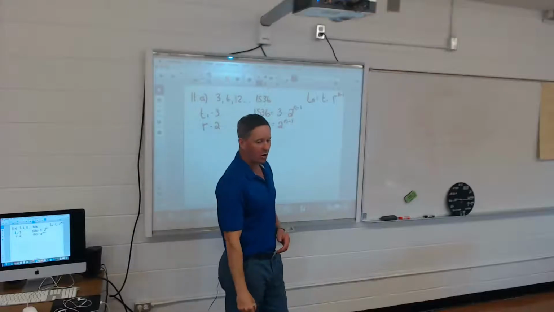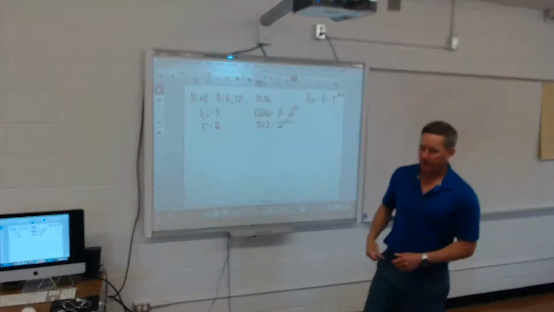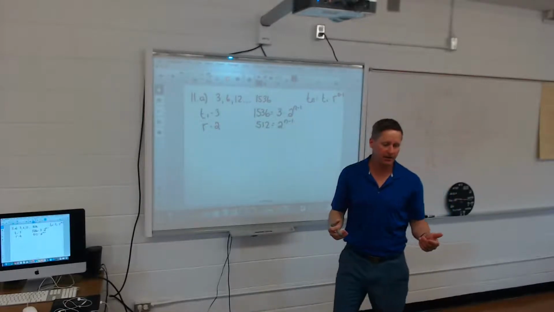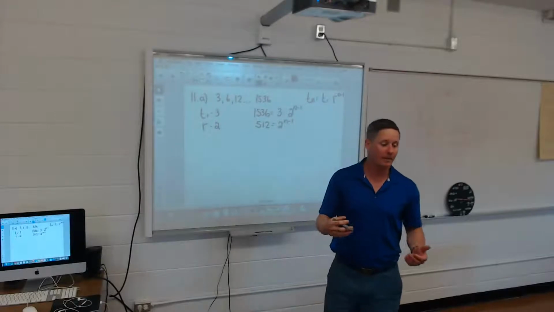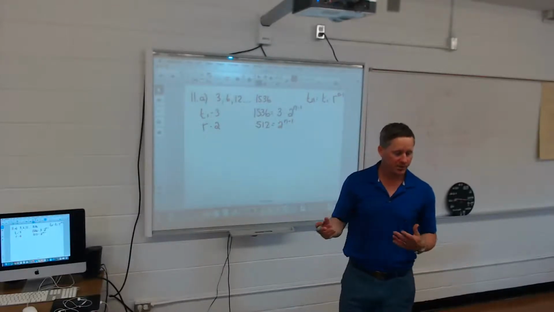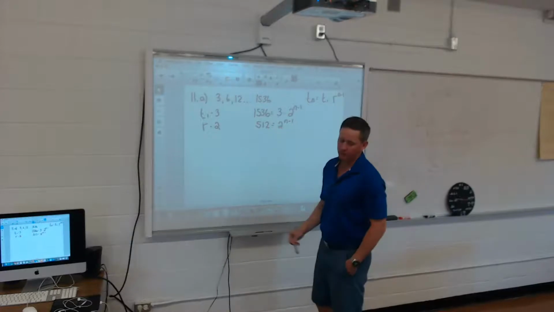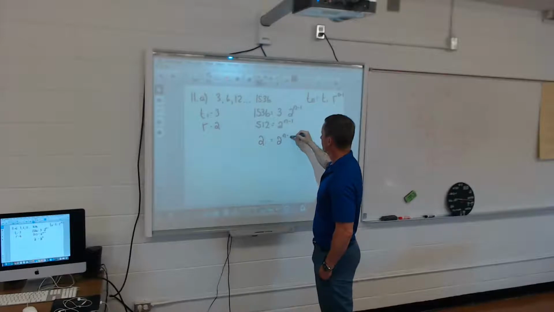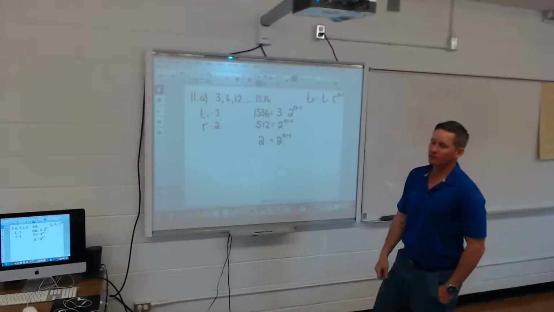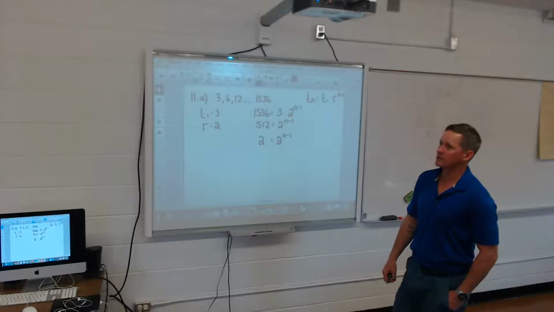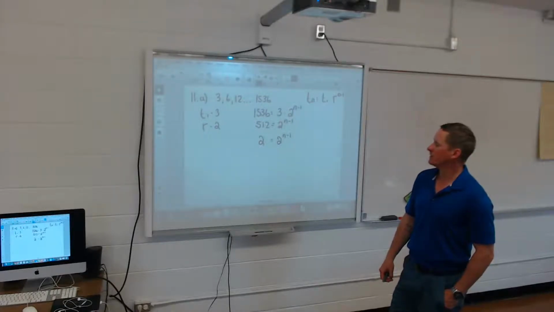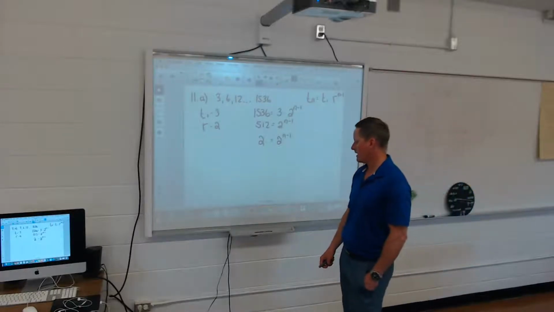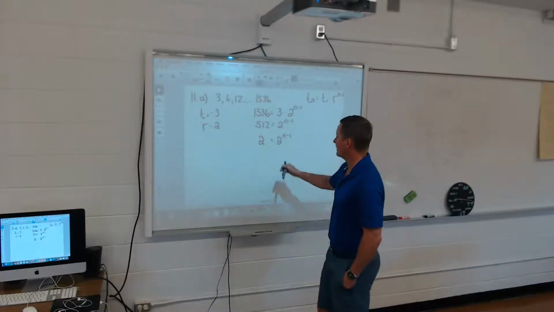Now I hit a bit of a roadblock because the unknown variable is in the exponent. Thankfully, in grade 11, all we have to be able to do is get a common base, and then we solve with the exponents. So 512 must be 2 to the power of something. 2 to the power of 5 is 32, 6 is 64, 7 is 128, 8 is 256, so this I think is 9.